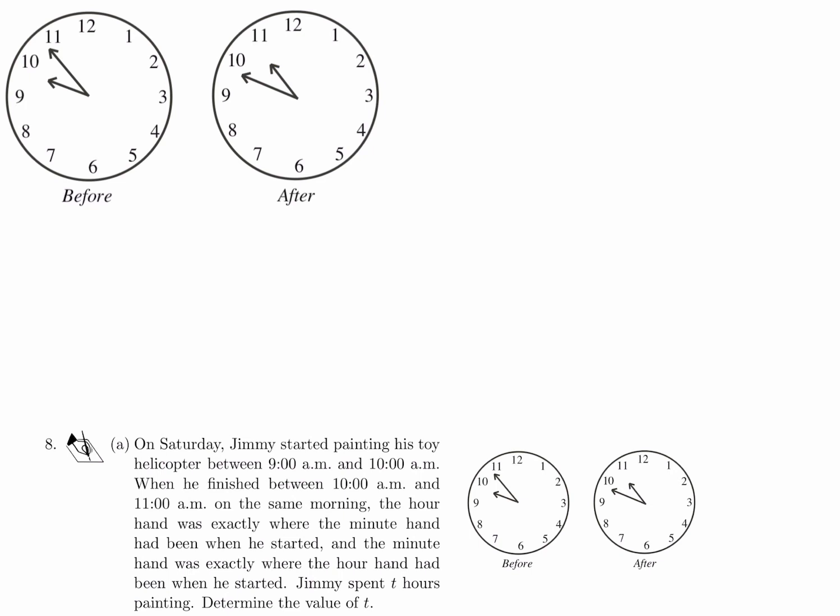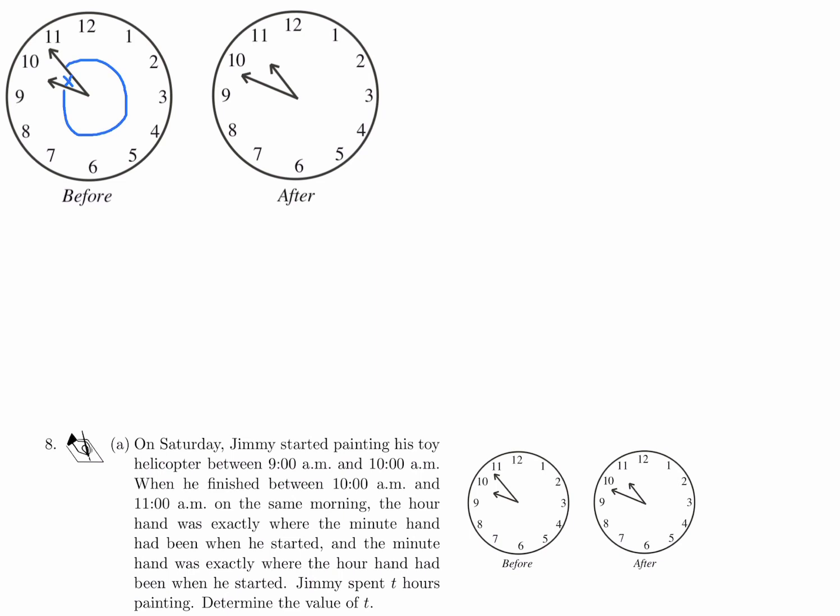So what we can do is look at it from the perspective of angles. The hour hand is right here initially, and then it eventually goes there. So it's moved from there to there. That little angle I will call X. And then the minute hand, which was originally here, will go all the way around, right?